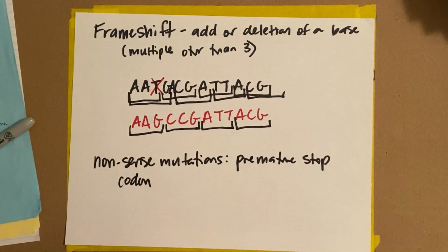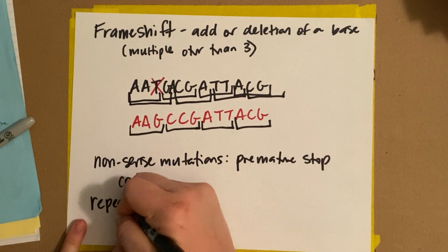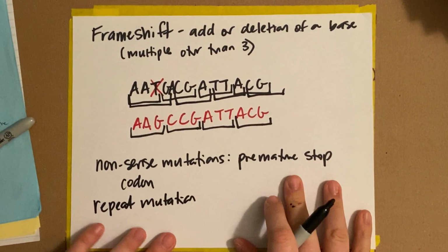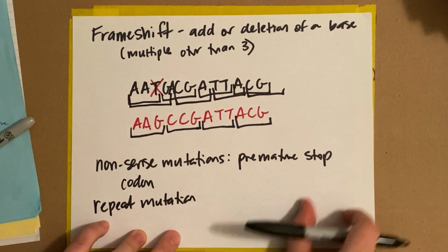All right. And then a last type of mutation that can happen is something called a repeat mutation. And this is when you basically have a short sequence of bases that just gets inserted multiple times.